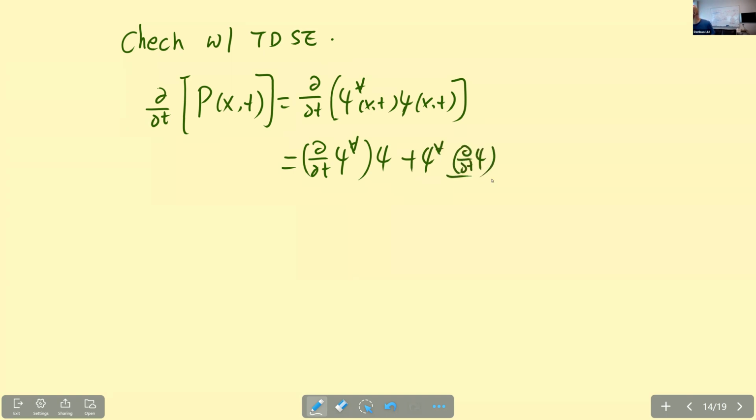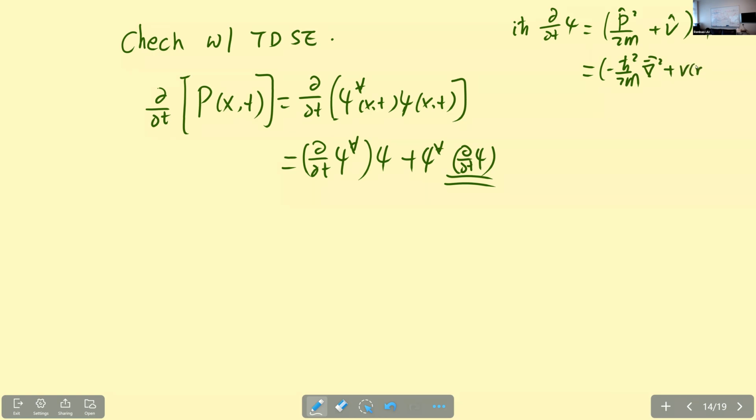And now we apply this Schrodinger equation. Let me copy the Schrodinger equation right here. So you have i h bar partial t psi equals p squared over 2m plus V times psi, right? So that equals minus h bar squared partial squared over 2m, plus V of r.